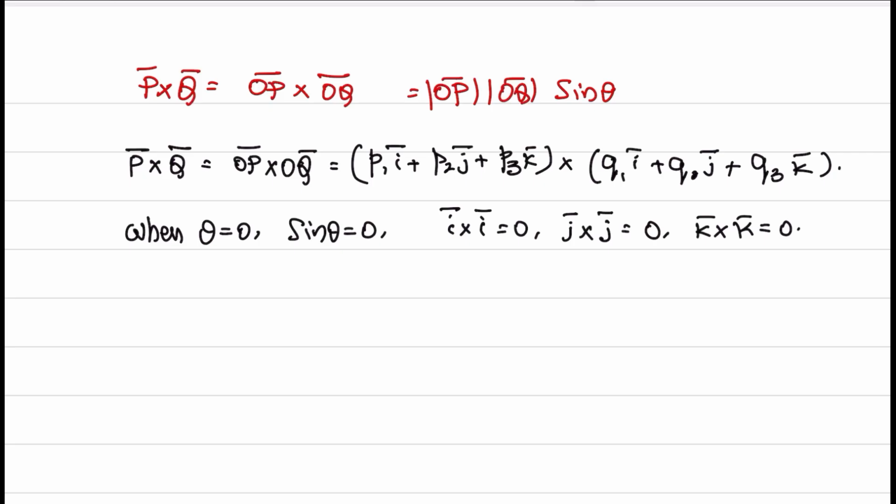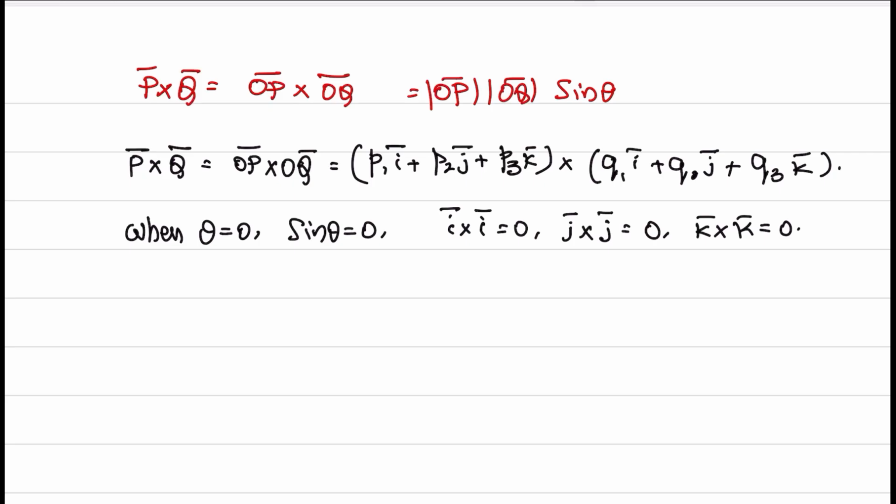And what is the value of j cross i? Because when the same unit vectors are multiplied, the value is 0.